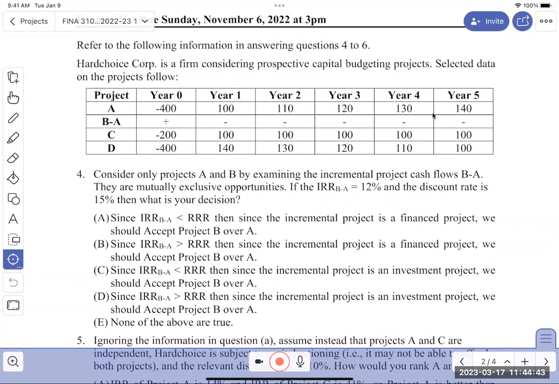No comments? Because it's a finance project, we visualize this as a finance project because we get a plus and a negative.